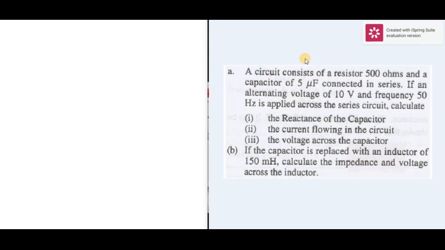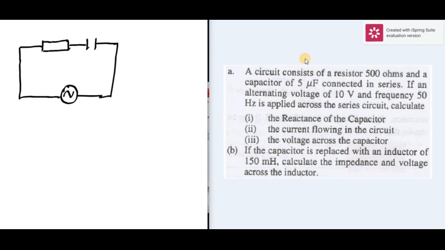Here we have a resistor connected in series with a capacitor, and to this connection an alternating voltage is applied.